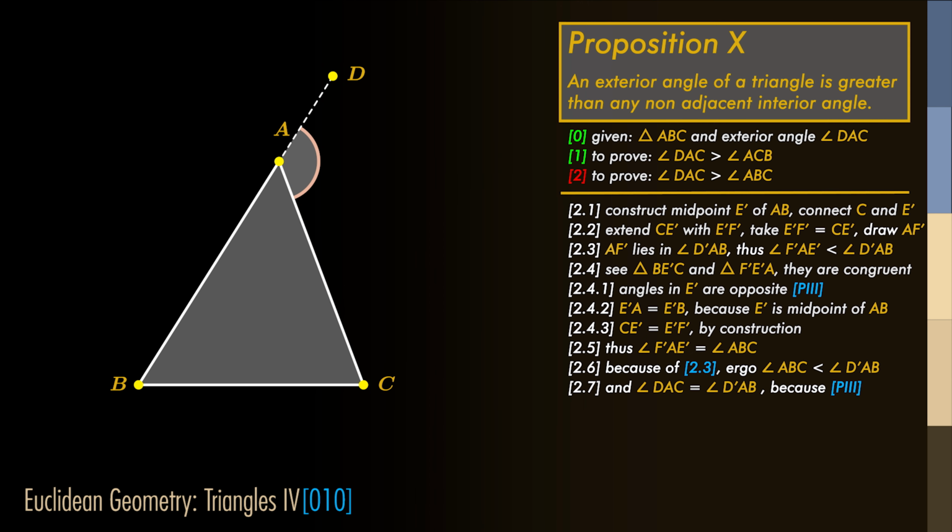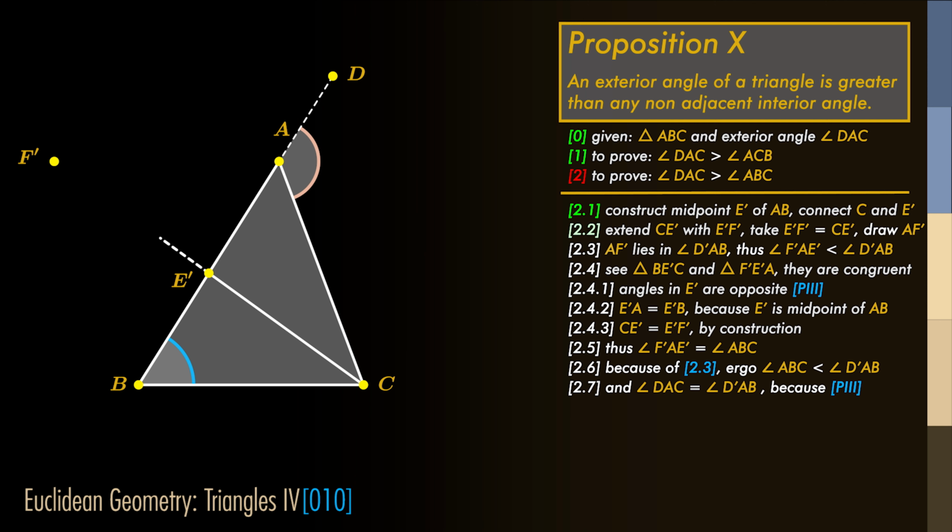Now, on to the second part of this proof. We need to show that angle DAC is greater than angle ABC. We follow an analogous reasoning. We connect point C with point E prime, the midpoint of AB.